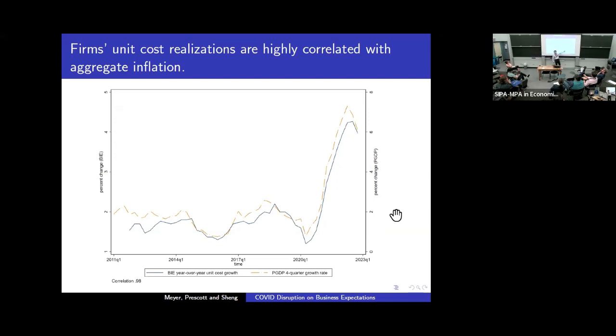Look at the turning points at the beginning of the pandemic, as the pandemic continues. I could stop here. Okay, so this is my favorite graph. So information in the BAE panel gives us a unique signal about what's going on with aggregate inflation.